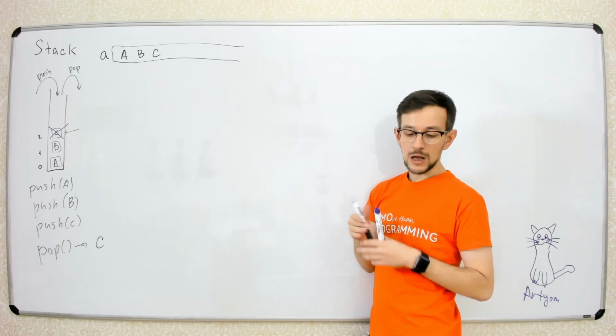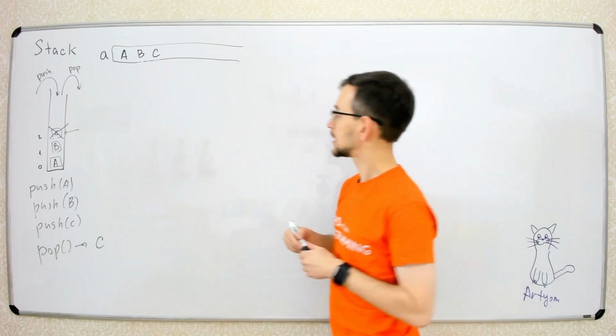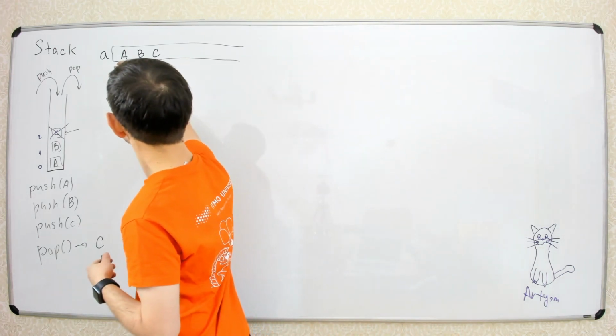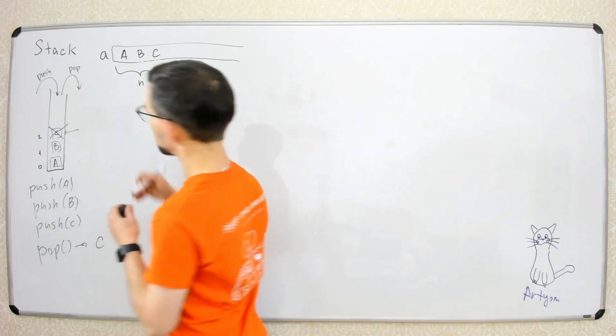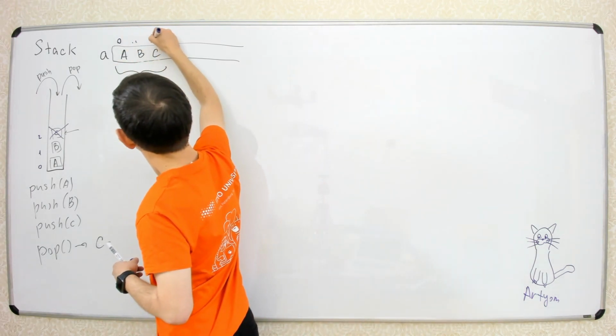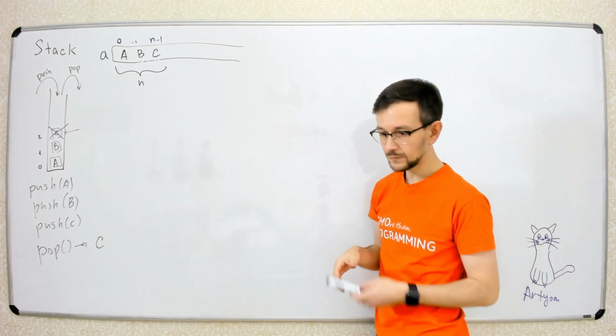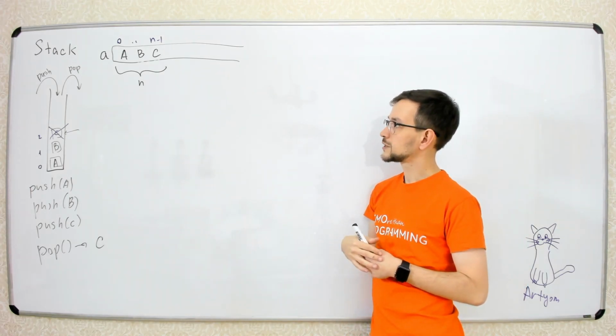That's all. Let's look at the indices of these elements. So if we have n elements in the stack, they will have indices from 0 to n minus 1. That's basically the whole plan.